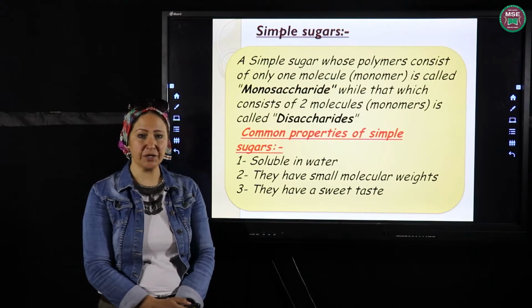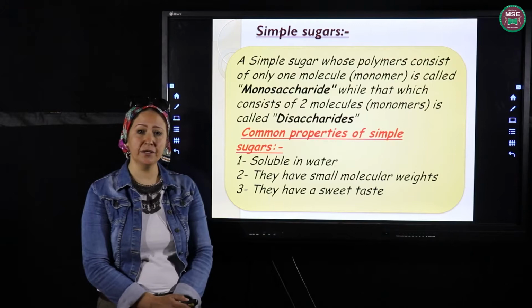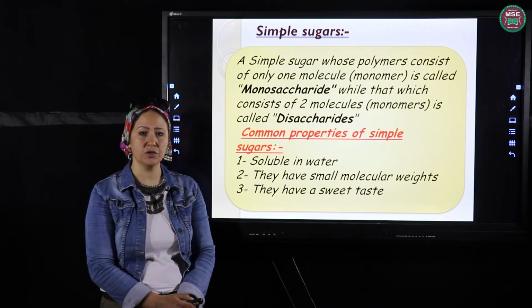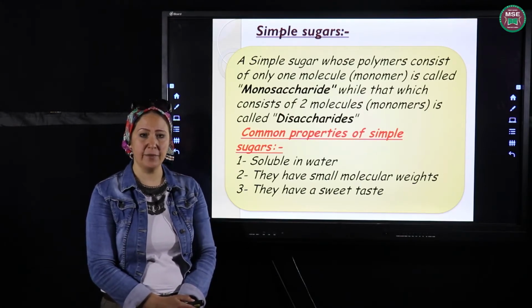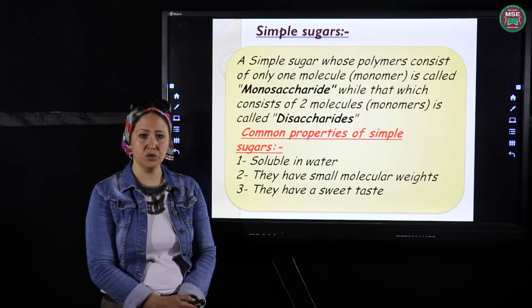So the simple sugar is the carbohydrate whose polymer consists of only one monomer inside or two monomers joined together. Again, the simple sugar is a type of carbohydrate where the polymer consists of only one monomer inside or two monomers joined together.